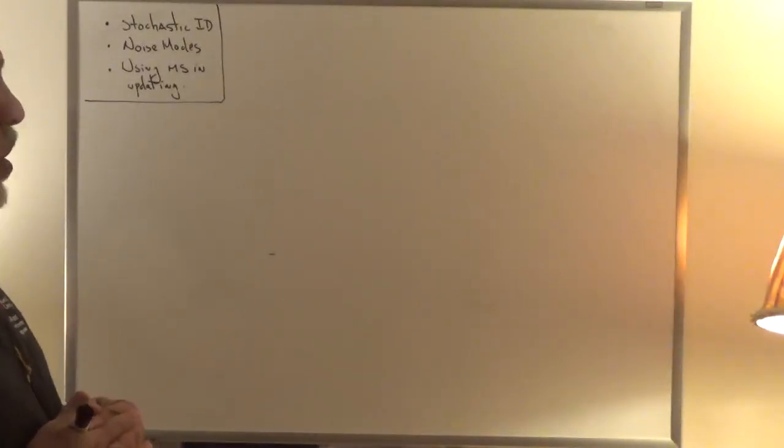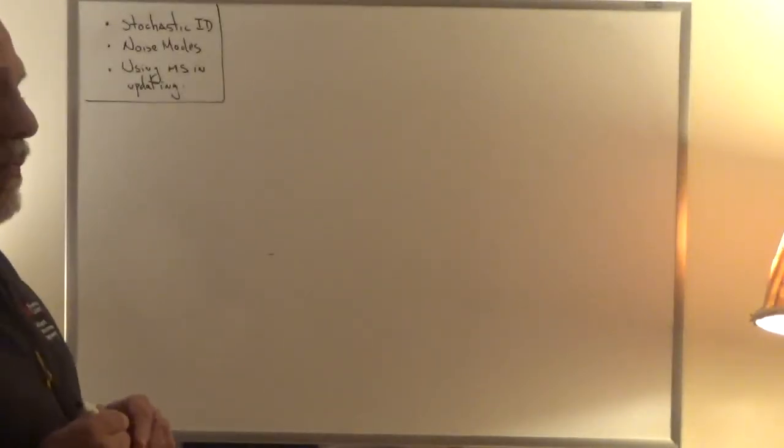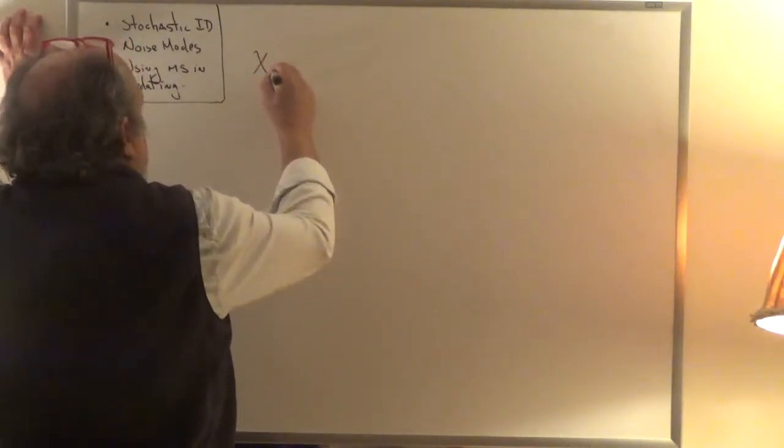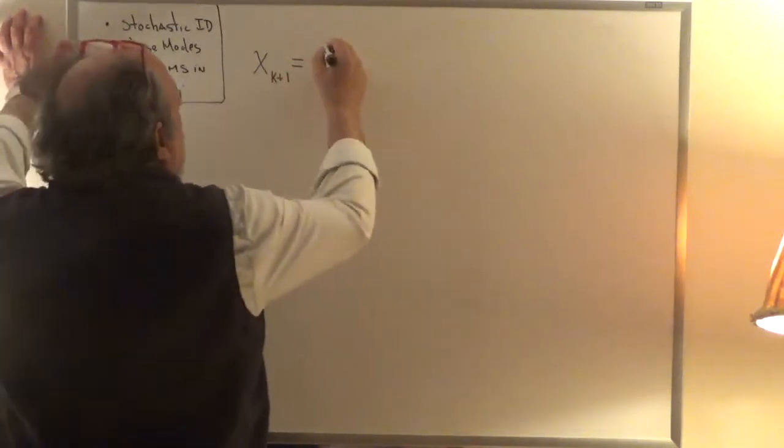In other words, we need to use the vibration that is already there in the natural operation of the structure. So what we want to see is what can we do if all that we can measure is the output.